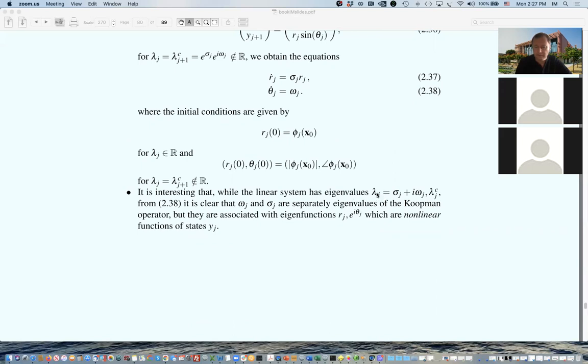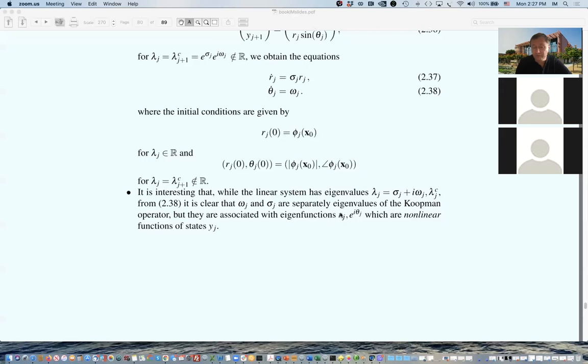The linear system has eigenvalues lambda j equal to sigma j plus i omega j, and its complex conjugate. What is interesting from these equations is that sigma j is also an eigenvalue of the Koopman operator, but it's associated with the eigenfunction Rj.